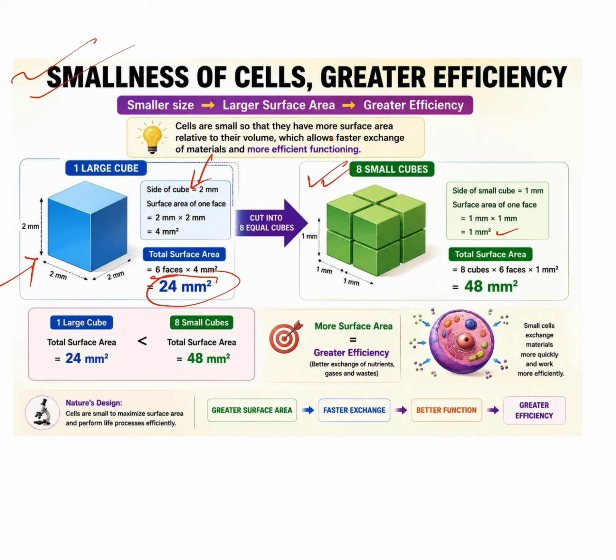Each small cube has 6 faces, so 6 into 1. But how many cubes do we have? Earlier we had only one large cube, now we have 8 cubes. Which increased the total surface area to 48 millimeter square. One large cube, 24 millimeter square. When you cut it into 8 pieces, it becomes 48 millimeter square.